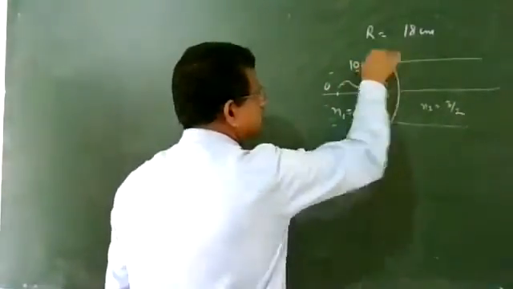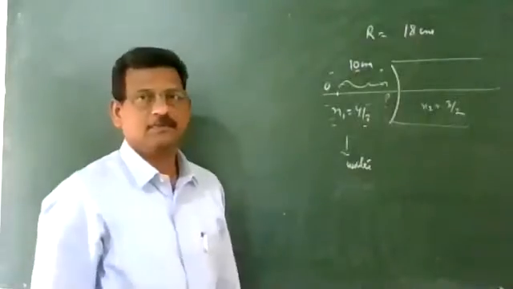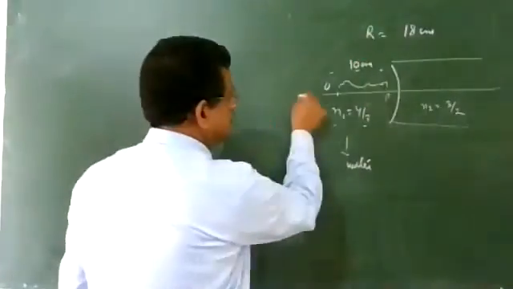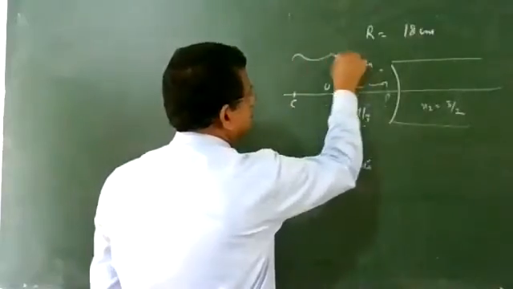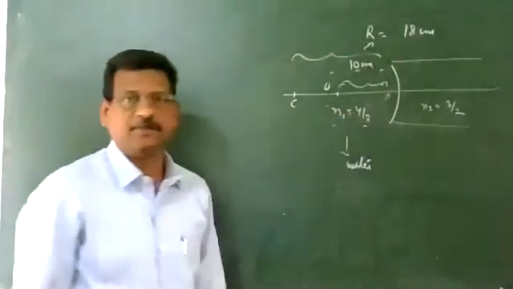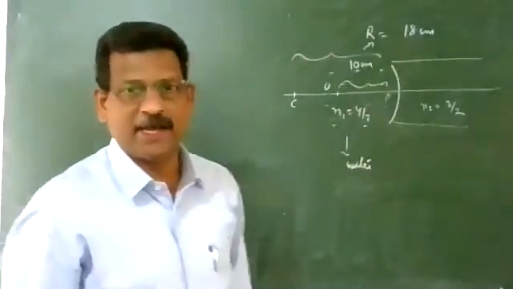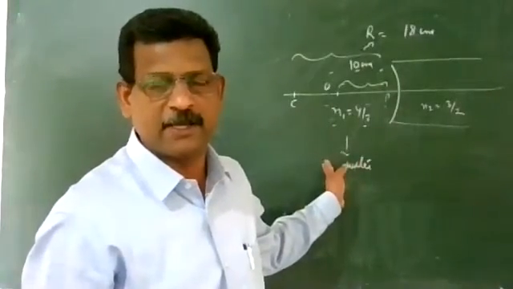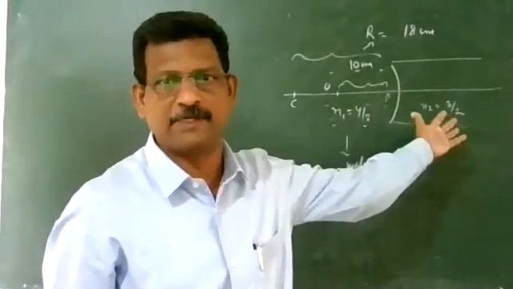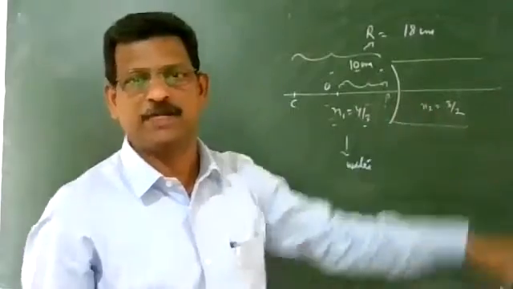So the object is lying in water of 4 by 3, which is acting as a rarer medium, and the concave SRS material is 3 by 2. Rarer to denser refraction.